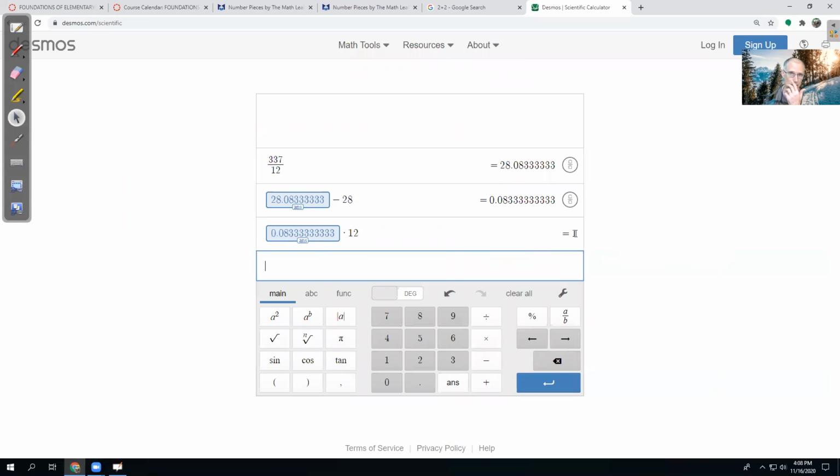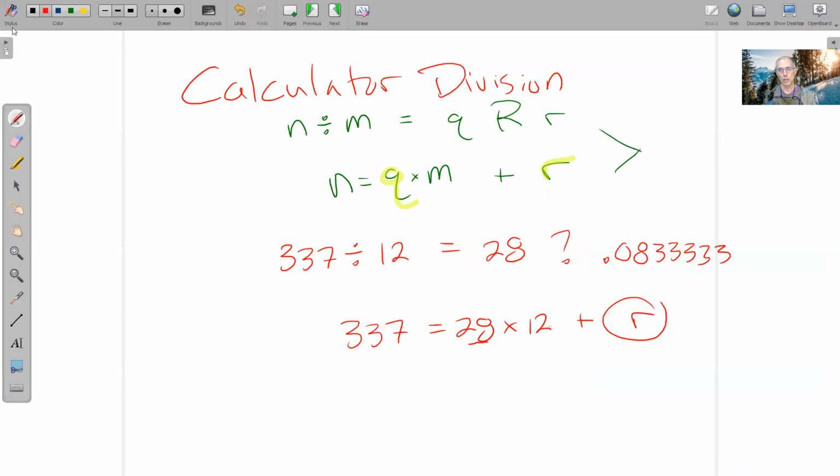All right, so we'll try that again on another one. Let's come over here to the notes. Here's what happened on the calculator. From the 337 divided by 12, I took away the 28. And then that left me with this decimal right here.